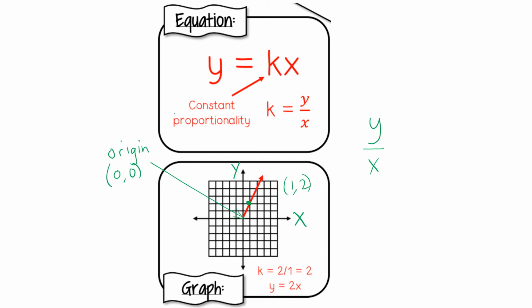So the 1 on the x and 2 on the y. So when I have this, the y value is 2 and the x value is 1. And 2 divided by 1 is 2. So that's why this is working here. The equation for this proportional relationship on the graph is y equals 2x.